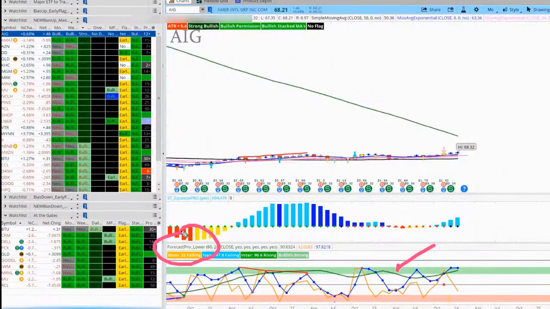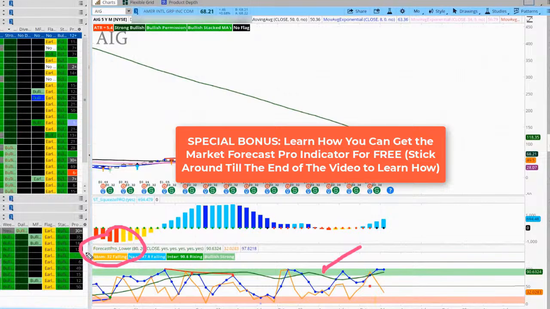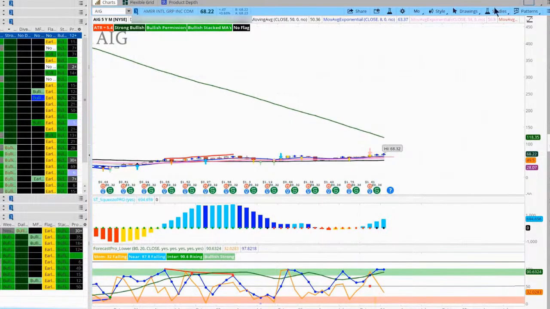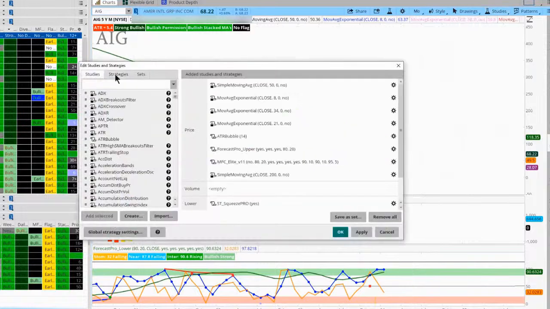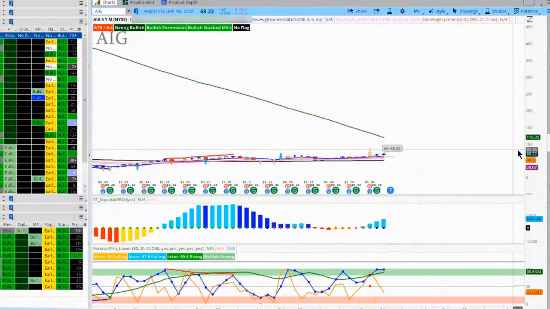The next indicator that I use in addition to the squeeze is this Forecast Pro. If you're looking for a variation, you can go to Studies and go to the Market Forecast right here. It's a proprietary indicator on TD Ameritrade. I've been studying the Market Forecast for over 15 years. I love this indicator.